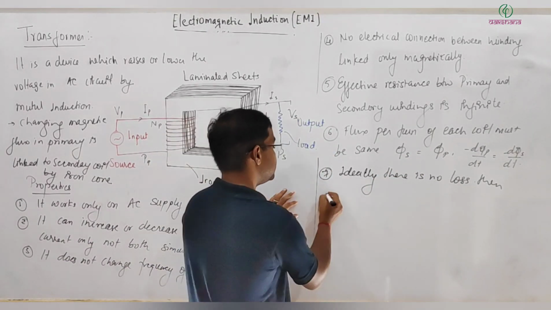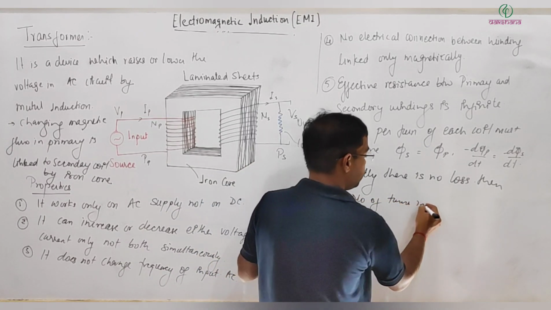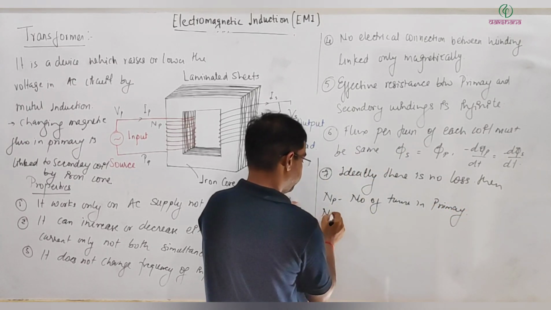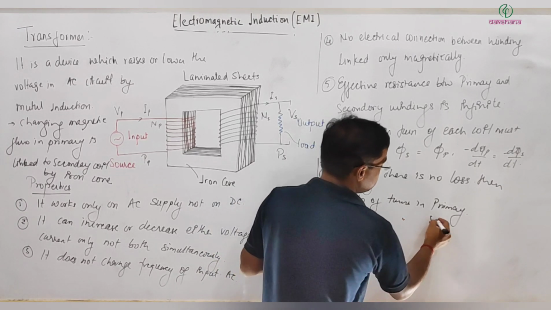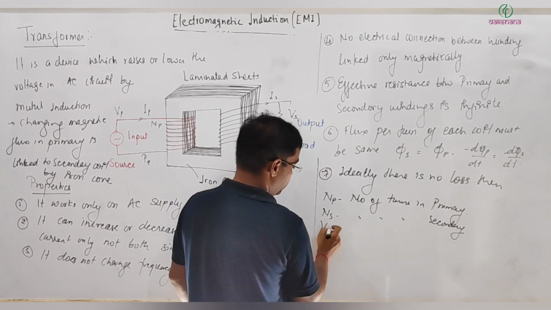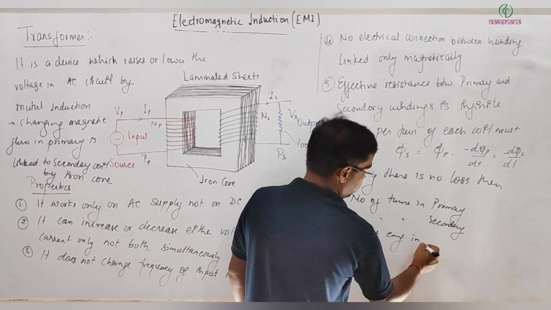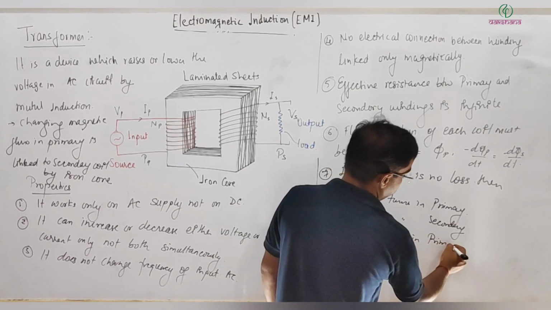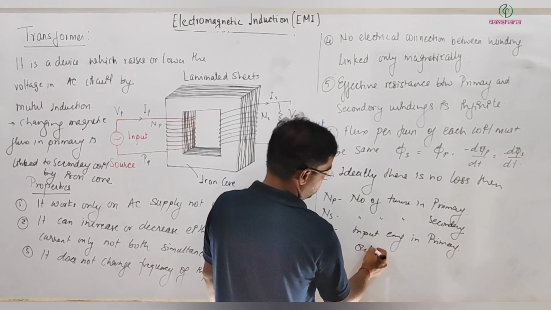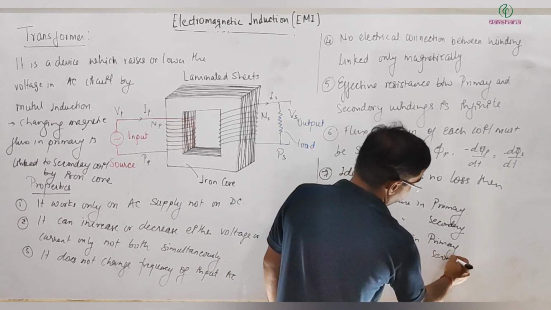Here NP is the total number of turns in the primary coil, and similarly I can write NS as the number of turns in the secondary. VP is the input voltage or EMF in the primary coil. Similarly, VS is the output EMF in the secondary coil.